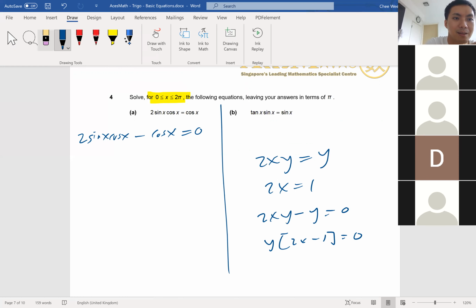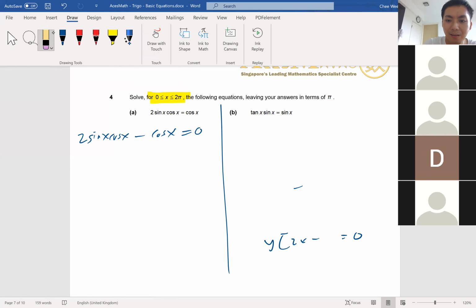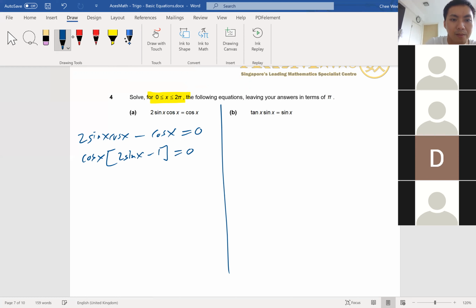So sine x bracket 2 cosine x minus 1 equals 0. So sine x equals 0 or cosine x equals half. Okay, understand now?